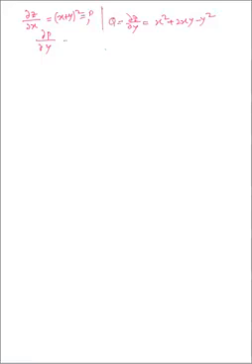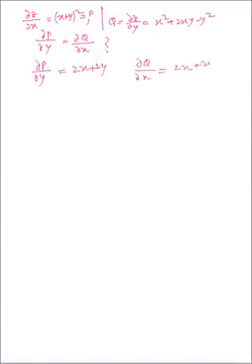So we check whether del P over del y and del Q over del x are equal or not. Del P over del y is 2x plus 2y, and del Q over del x is 2x plus 2y. So they are equal, which means compatible.